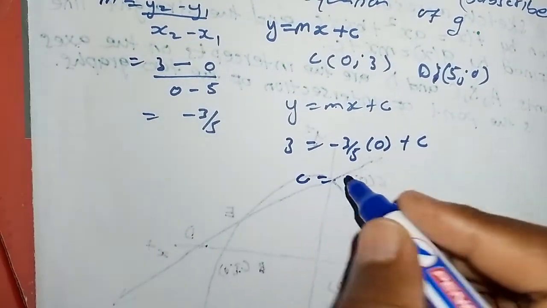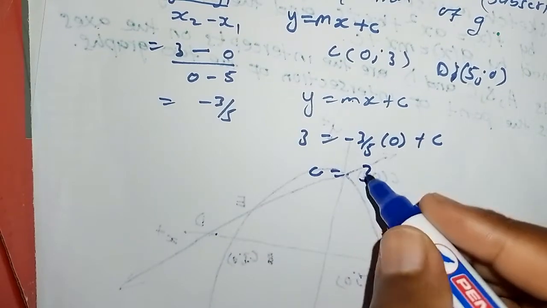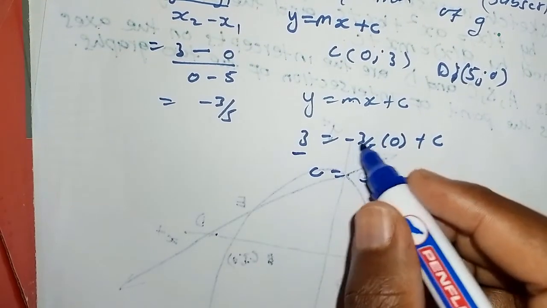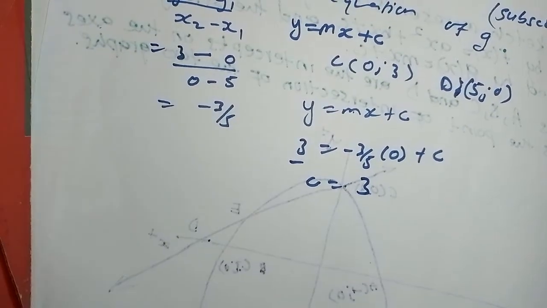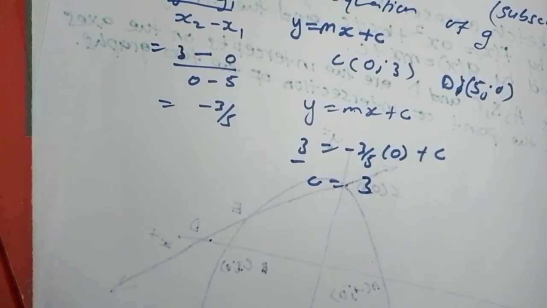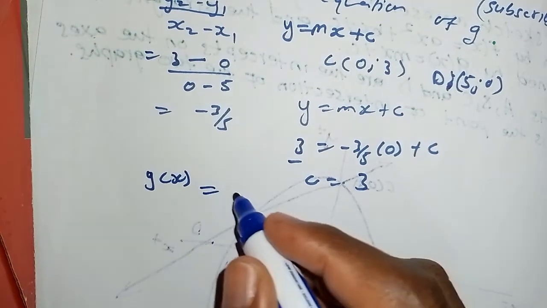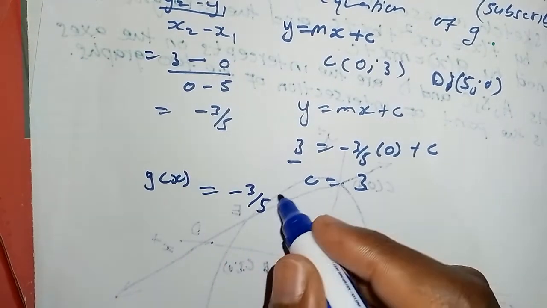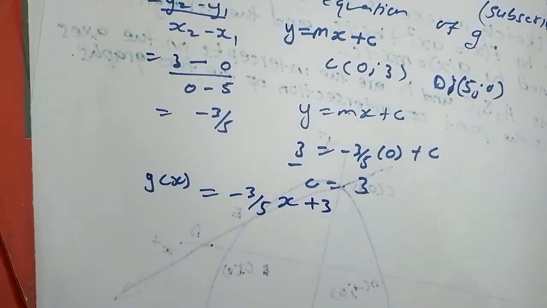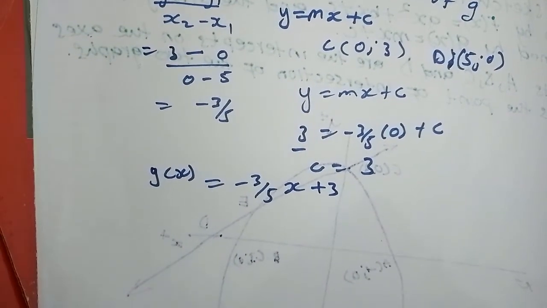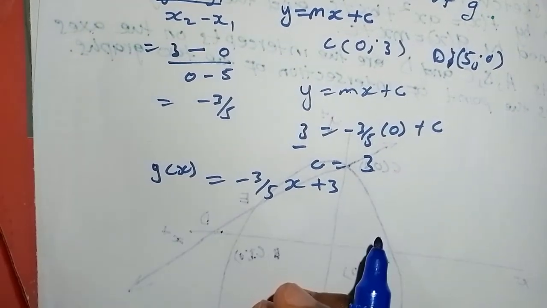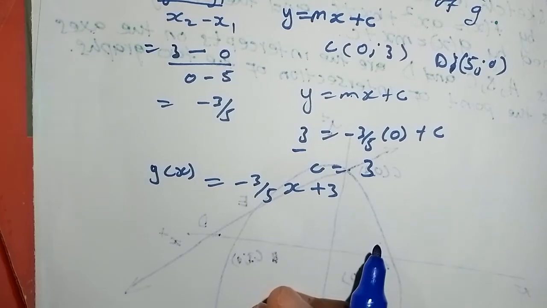Then c is equal to 3, because this multiplied by 0 is going to give us 0. Then that simply tells you g of x is negative 3 over 5 x plus 3. That is my equation, right? Okay, now let's move to the next question.